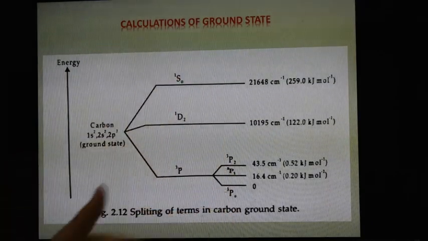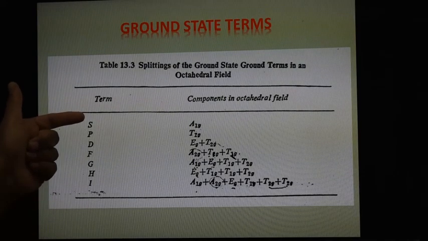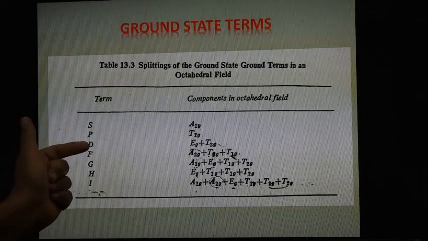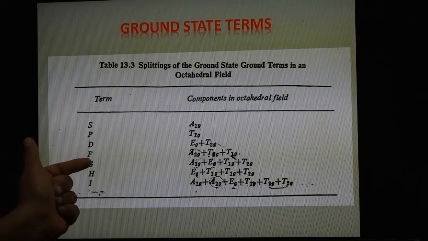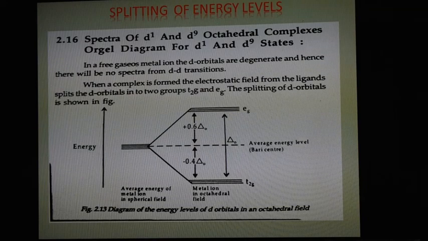So these are the different energy states in case of carbon. These are the term symbols used, or we can say the ground state terms in case of an octahedral field. For S, A1g, for P, T1g, and for D, F, G, H, we have to use these term symbols.